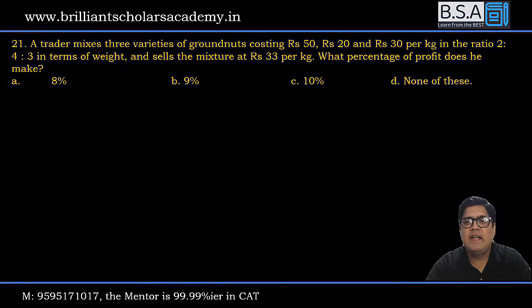What percentage of profit does he make? Same question. In previous example, there were two varieties. In this one, there are three varieties. So you're going to apply exact same approach. Try.